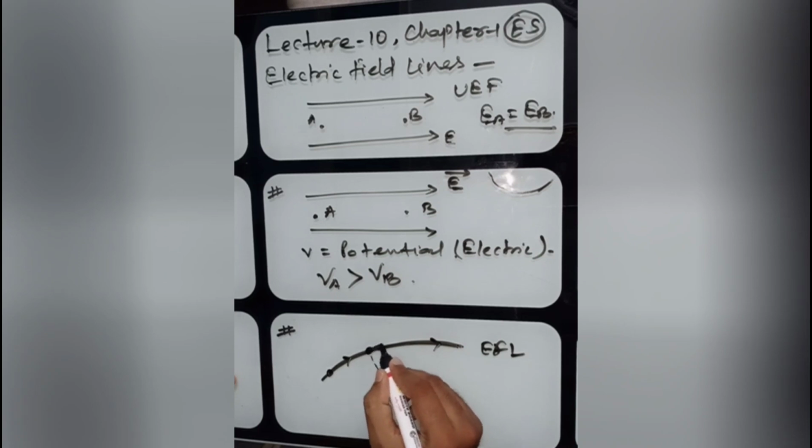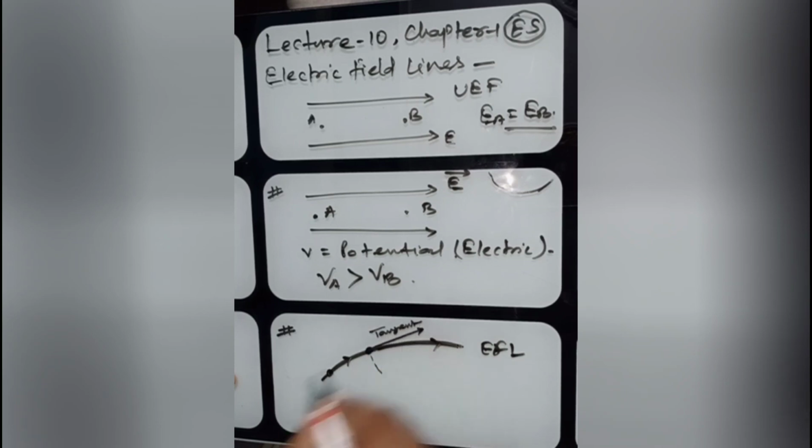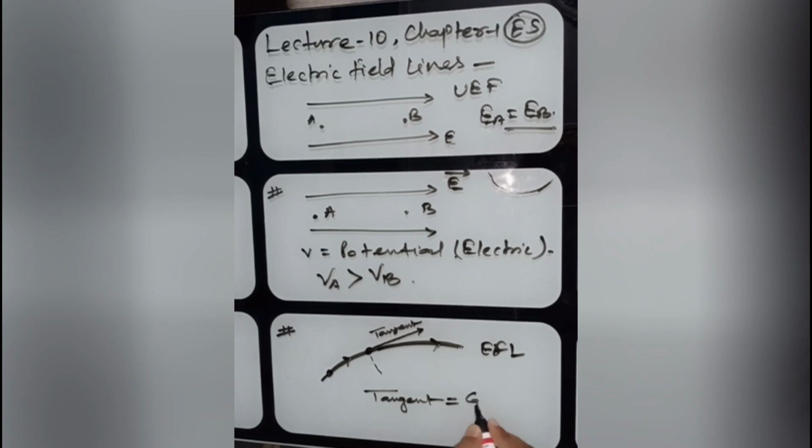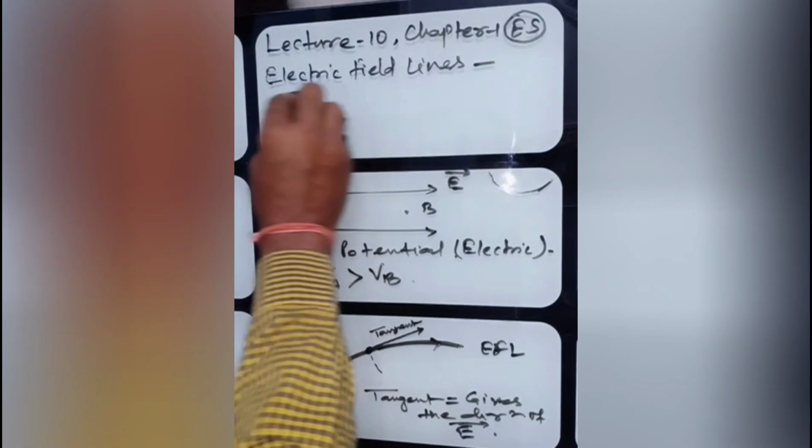The tangent will give you the direction of electric field. Try to make your notes: direction of tangent gives the direction of electric field.